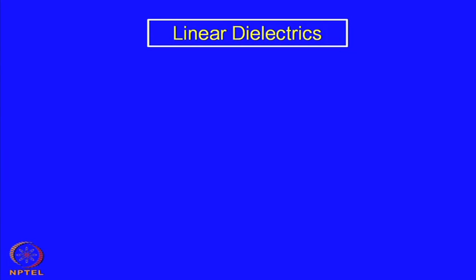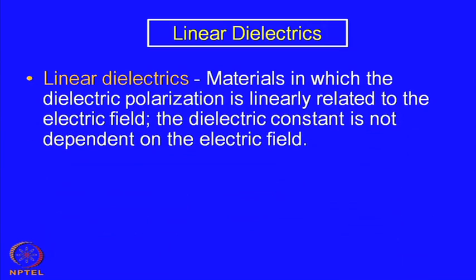Well, so far we have been talking about the dielectric material. There is a dielectric constant and there is a polarization as a function of applied electric field, and there are in fact two varieties of dielectric material. What we are discussing so far is actually called the linear dielectrics.